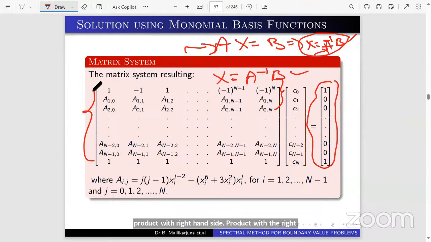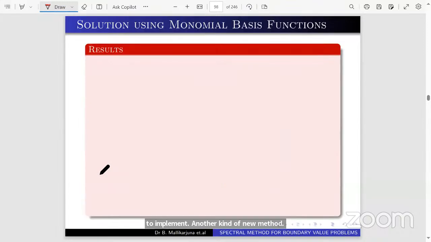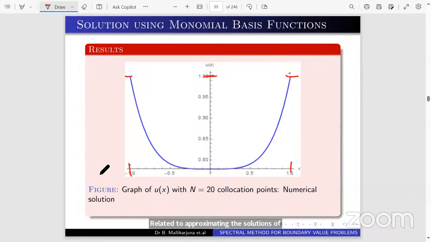If this is not non-singular, then you go for numerical techniques. So for such a system of equations, you need to implement another kind of numerical technique related to approximating the solutions of the system. Okay, so this is how the solution is obtained.